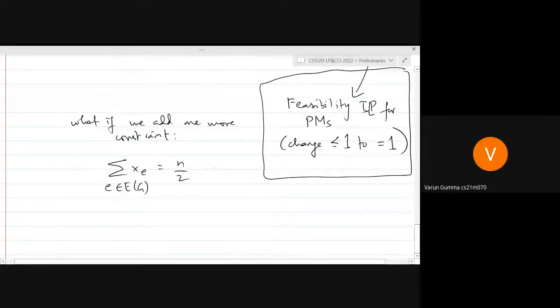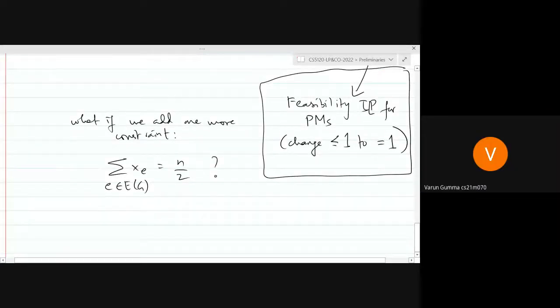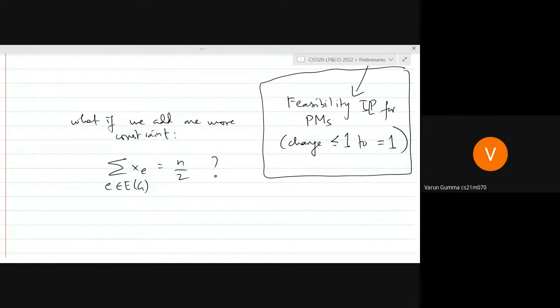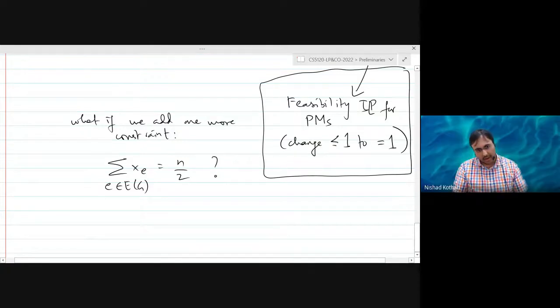Sir, this should be very trivial as it's the handshaking lemma. Okay, good point. So what do you mean by trivial again? Can you expand on that? I mean, every graph follows this property of the handshaking lemma. Okay.